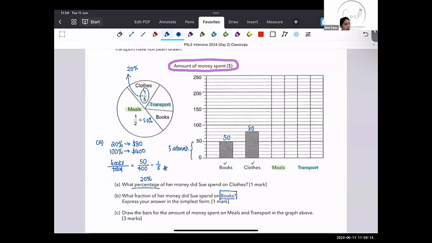Later let me have a look at yours. You didn't even find the total. But you will need to find the total for books.